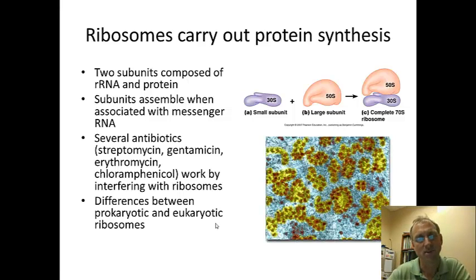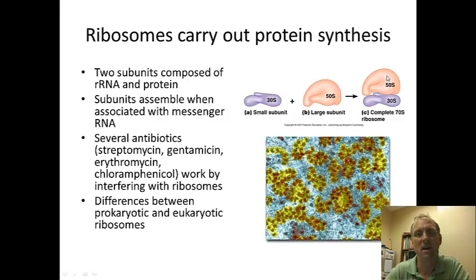Ribosomes are found in every single prokaryotic cell. In fact, we find ribosomes in all cellular life, prokaryote and eukaryote cells. Ribosomes are composed of small building blocks. Some of the components are made of nucleic acid, some of them are made of protein, and the whole thing assembles to form a mature ribosome.